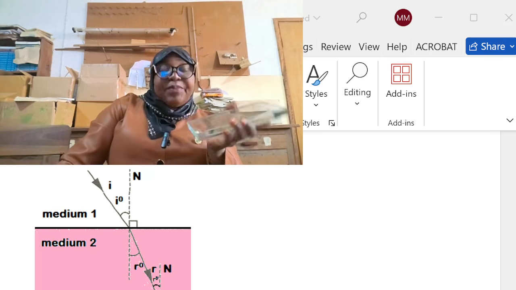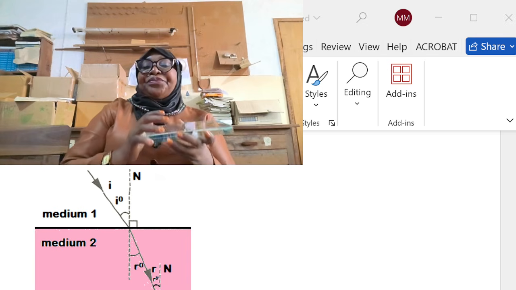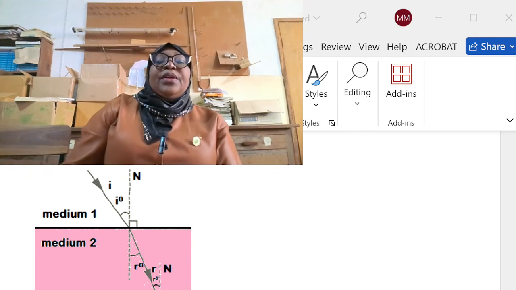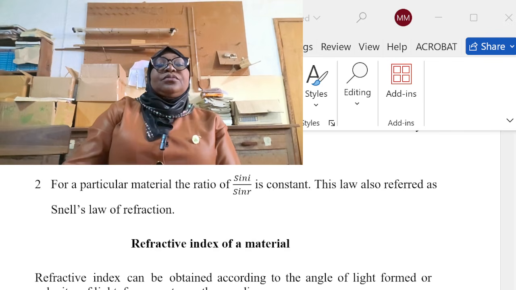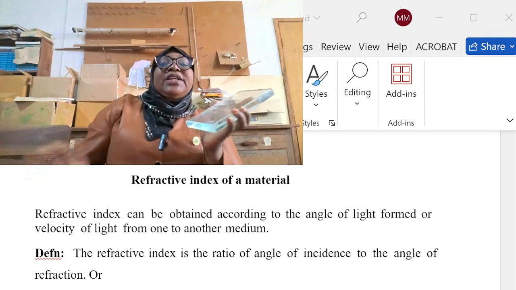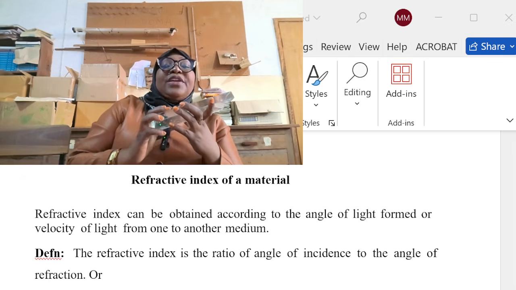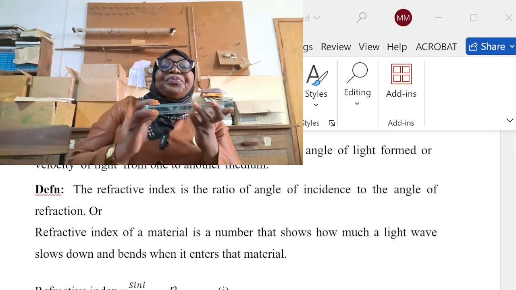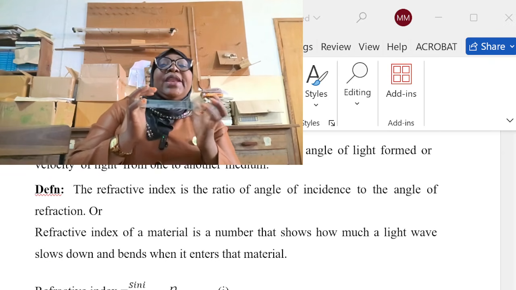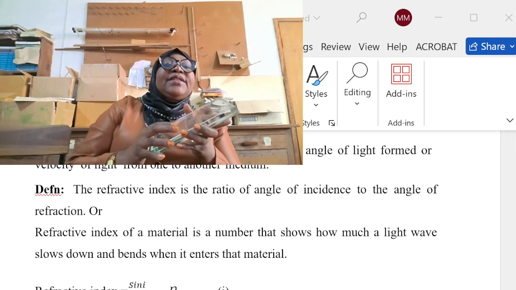Why are we studying a particular material? Every material has its own refractive index. The refractive index of a material is the ratio between the sine of the angle of incidence and the sine of the angle of refraction, or is a number that shows how much a light wave slows down and bends when it enters the medium.